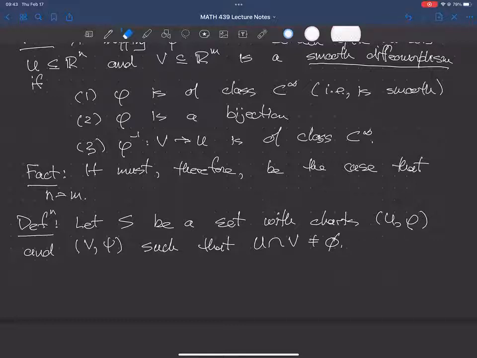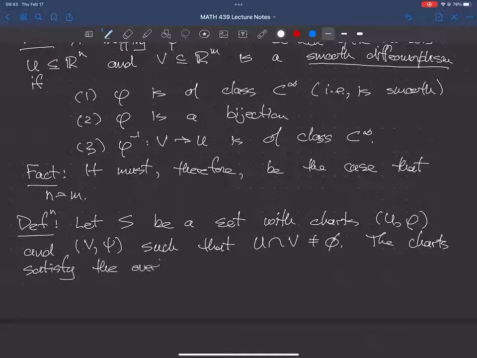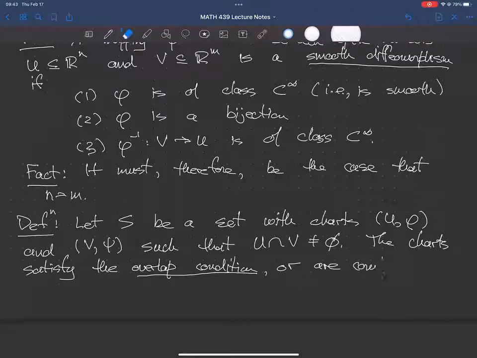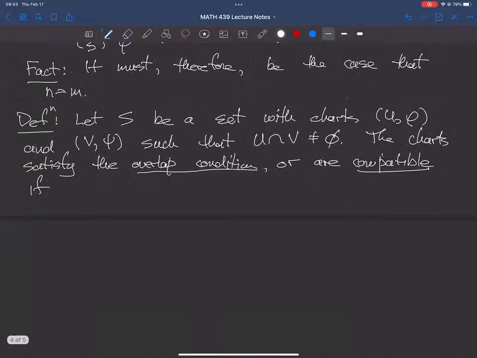Okay, so the charts satisfy what's called the overlap condition. And you also might say they're compatible. Say either thing. They are compatible if some conditions are met.